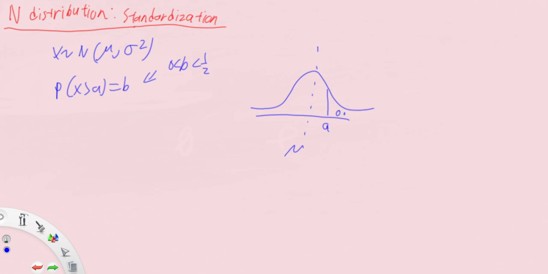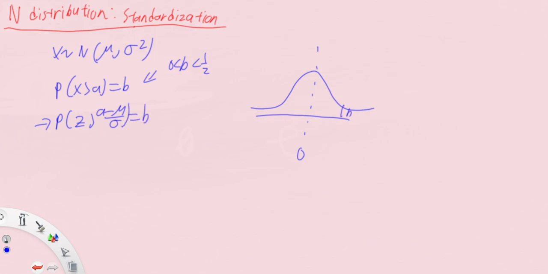But here's the thing, because we're dealing with variables, we will do standardization, where we now have the mean as 0. So what happens to our value of a? We know that now P(x > a) is the same as P(z > (a minus the mean) over sigma), and this probability still equals b.